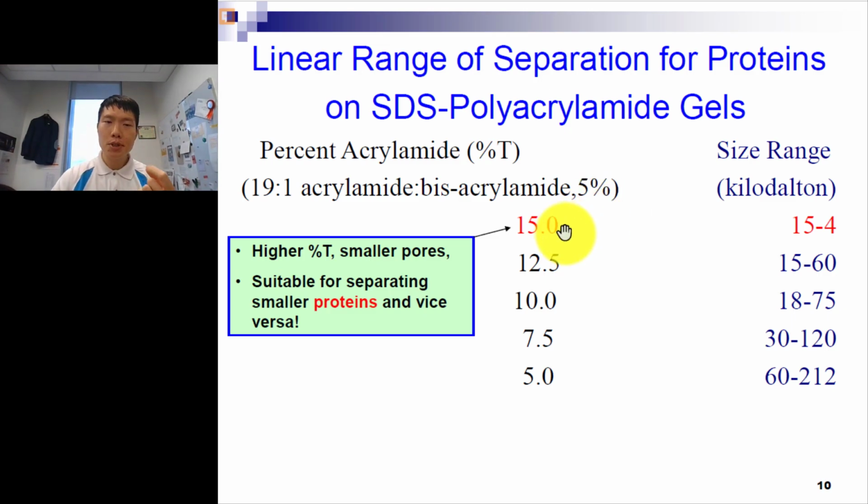For higher percentage T, the pore size will be smaller, so the gel is more suitable to separate small proteins. And for lower percentage T, the pore size is larger and the gel is more suitable for separating larger proteins, really large proteins.